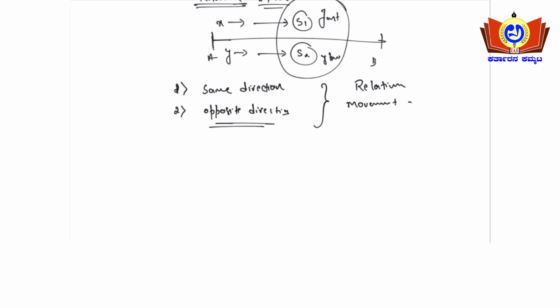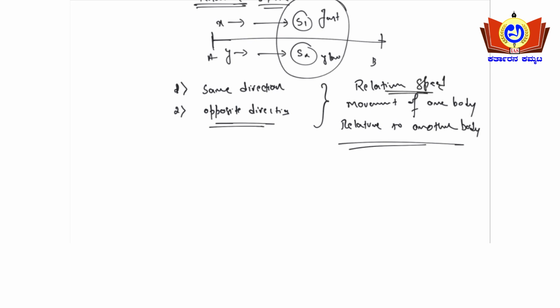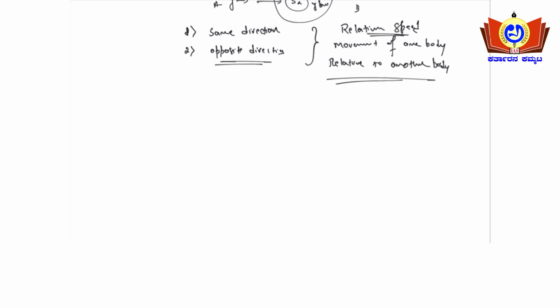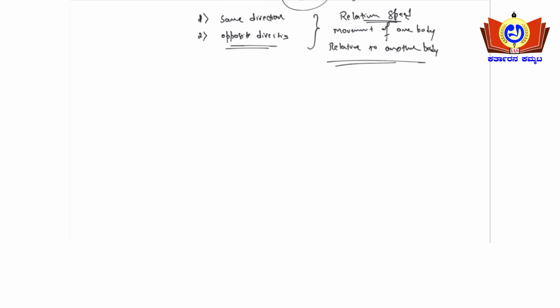Compared to the first body, the second body is faster or slower. If faster, then how many kilometers faster? If slower, then how many kilometers slower? These are the basic concepts here.